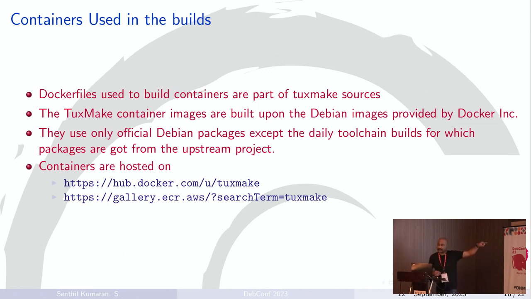All the Dockerfiles used to build these images are available as part of the TuxMake sources, and this is built on top of Debian's base image, which is provided by Docker Inc. You can verify everything. There is nothing extra we are doing to generate these Docker images. That's how it was possible.